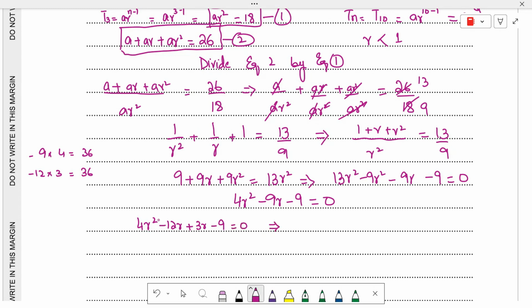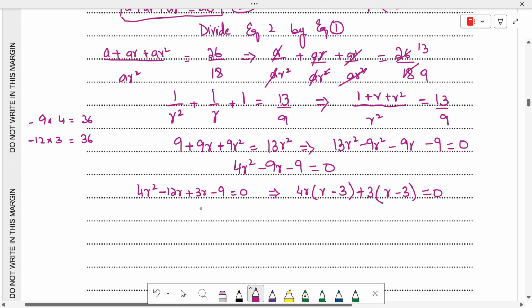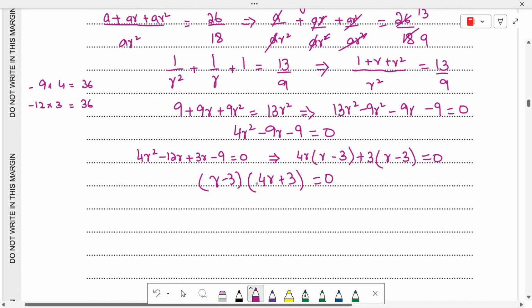Taking 4r common from the first two terms, we have 4r times r minus 3. Taking 3 common from the other two terms, we have 3 times r minus 3, equal to 0. Taking r minus 3 common, we have r minus 3 times 4r plus 3 equal to 0. So we have two factors.